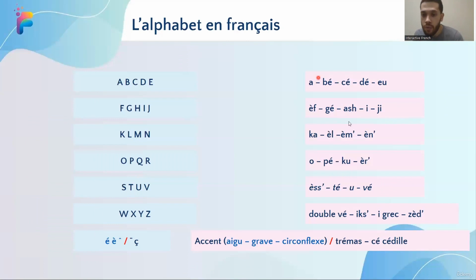Now, you also have some letters that are the same, right? Like L, M, N, right? They're very, very similar, right? Z also, if you speak British English, that one would be familiar enough. And then we have a few ones that are pretty different, right?